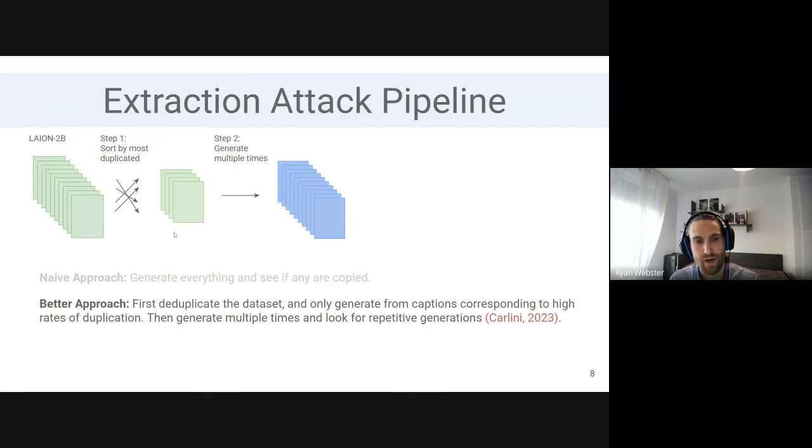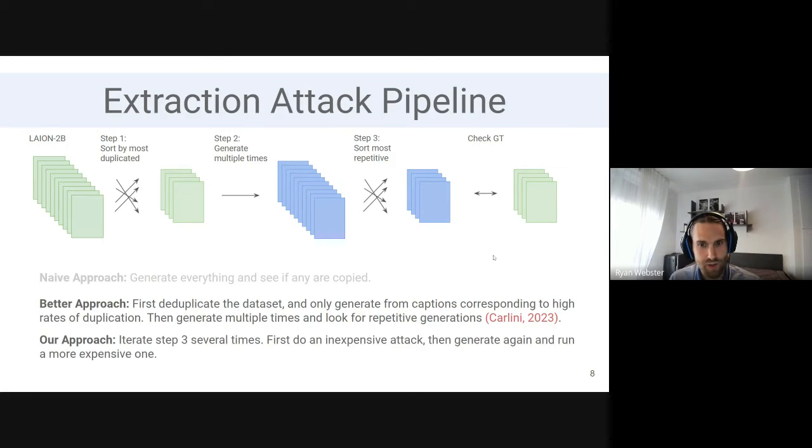So now we're going to generate only from images which are highly duplicated. We take those captions, generate, let's say, k times. Then we run our attack on this and check the ground truth. In our approach, we'll do this step 3 maybe multiple times: one inexpensive attack and then iterate with another attack that's more expensive.